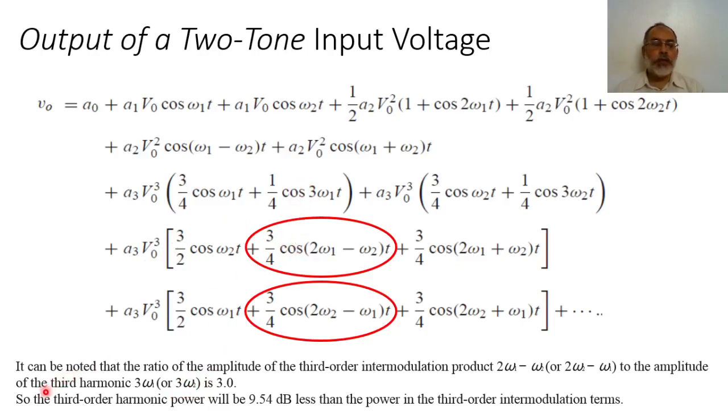So effectively, the third order harmonic will be nearly 9.54 dB less than the power of the third order intermodulation.